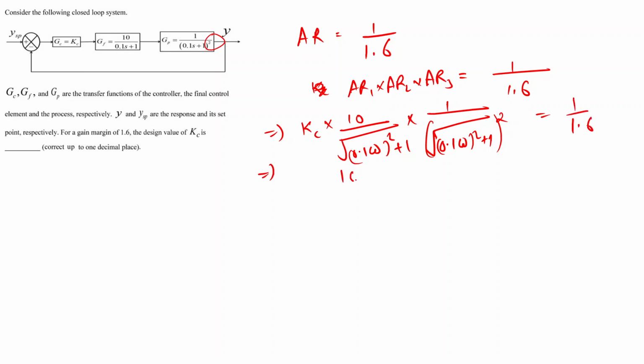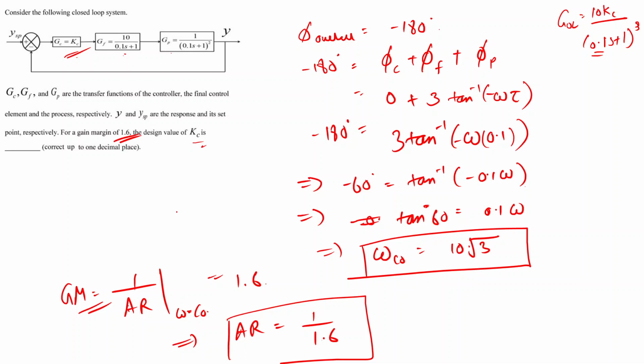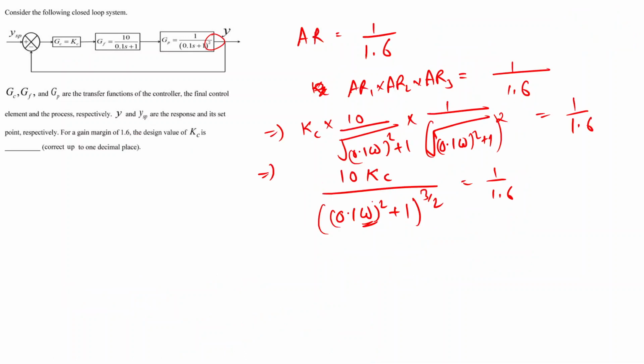Ultimately this will become 10 Kc upon 0.1 omega square plus 1 raised to 3 by 2 is equal to 1 upon 1.6. Now this omega value we have already calculated as 10 root 3, so we can replace it over here.